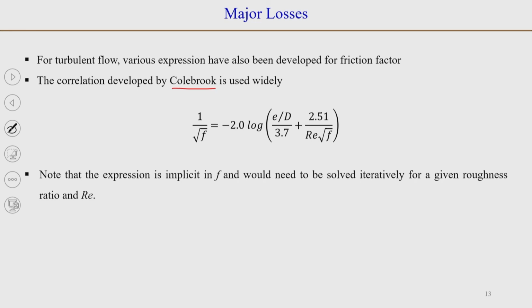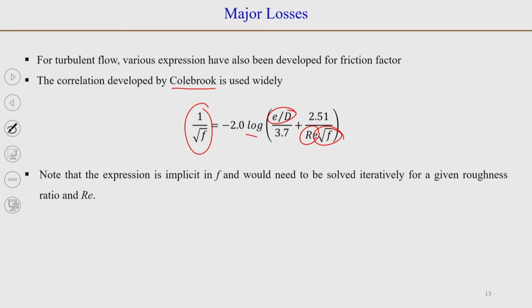Now, if we know the flow Reynolds number and the roughness of the pipe, we can see that this equation is implicit. By implicit we mean that you have f on the left hand side and you also have f on the right hand side, and you cannot separate those and bring both on one side because you have a log here.